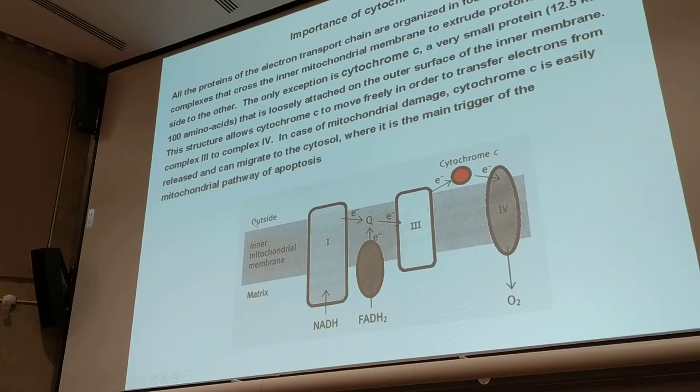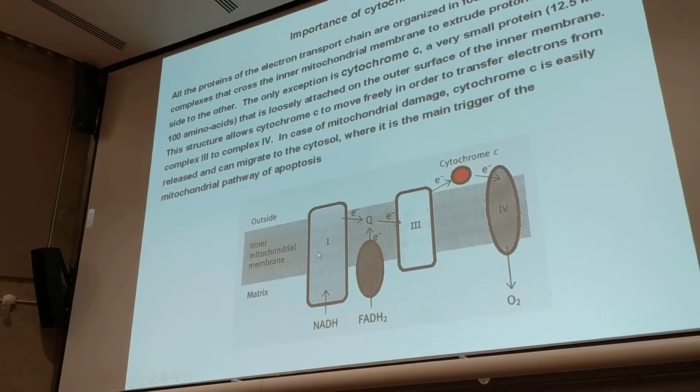Whenever there is mitochondrial damage because of extreme conditions, consumption of energy, the mitochondria is prone to die, then there are ruptures, there is damage of the outer membrane, so the cytochrome C that is loosely attached can go out of the mitochondria. That triggers the mitochondrial pathway of apoptosis.